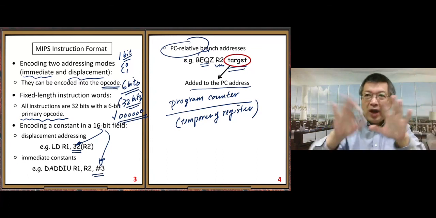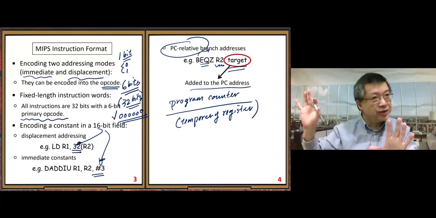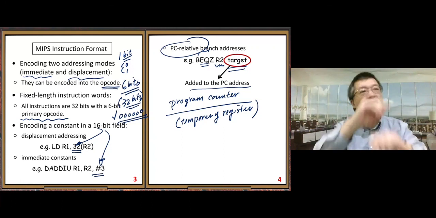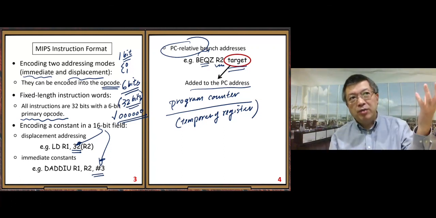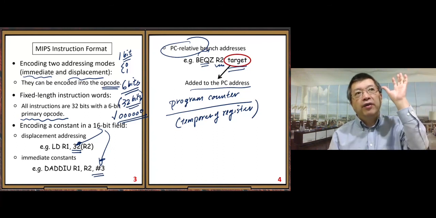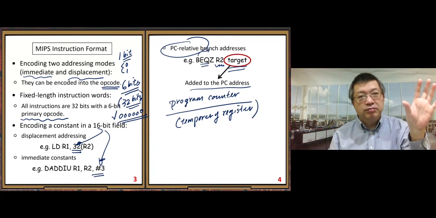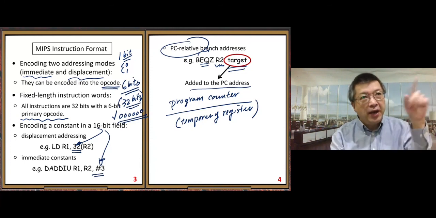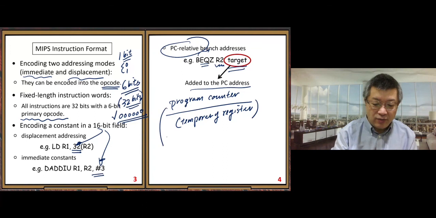Other than that, we have many other temporary registers. The PC is one of them, and it is used to store the address of the next instruction. Later we will learn that another time.